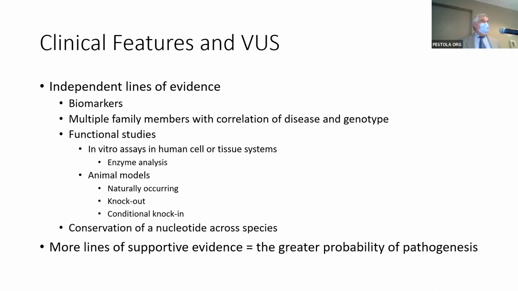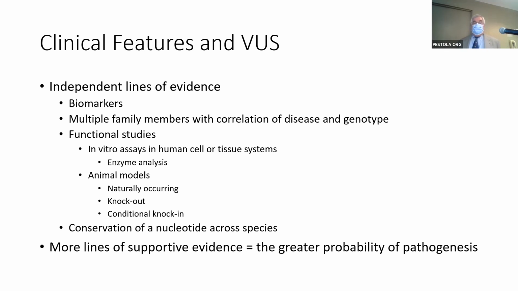Ideally, multiple family members across generations, if you've got dominant disease or X-linked disease, or a big enough sibship that you've got multiple family members in the same generation to go, aha, every family member who has disease has this sequence change. All those without that sequence change have no evidence of the phenotype. That gives us some evidence that it's corresponding to disease.